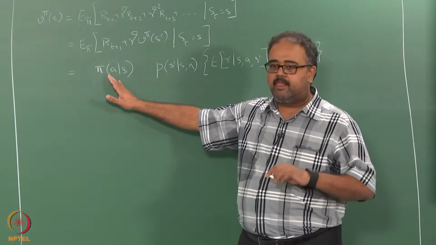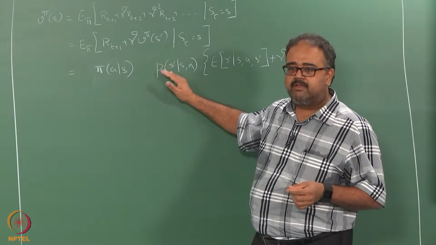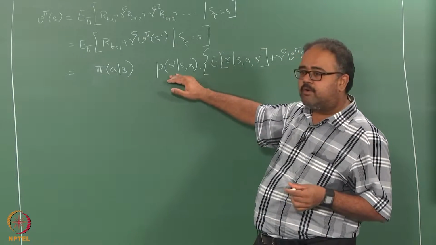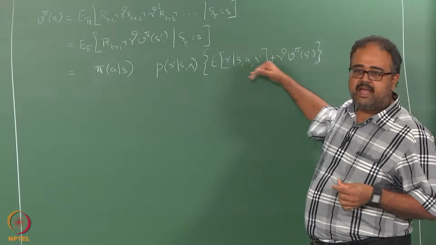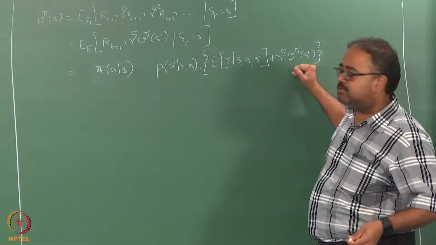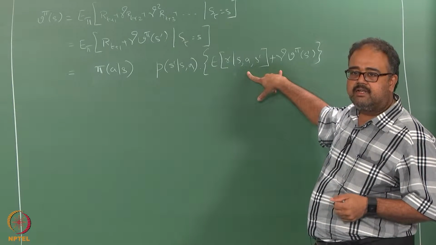I pick an action A according to pi. Now that is going to cause a transition to some S prime according to this P that we have there. Once I know what S prime is, I can figure out what the expected reward will be, as well as V pi S prime, because I know what S prime is. So what is the probability that this will be my return?